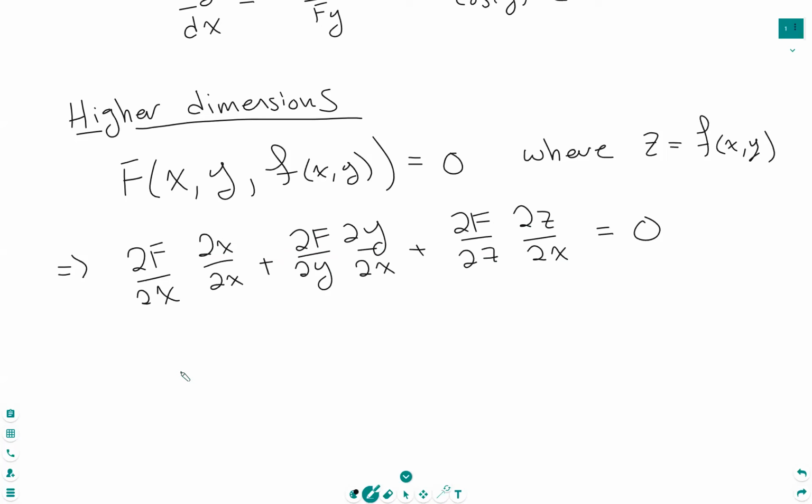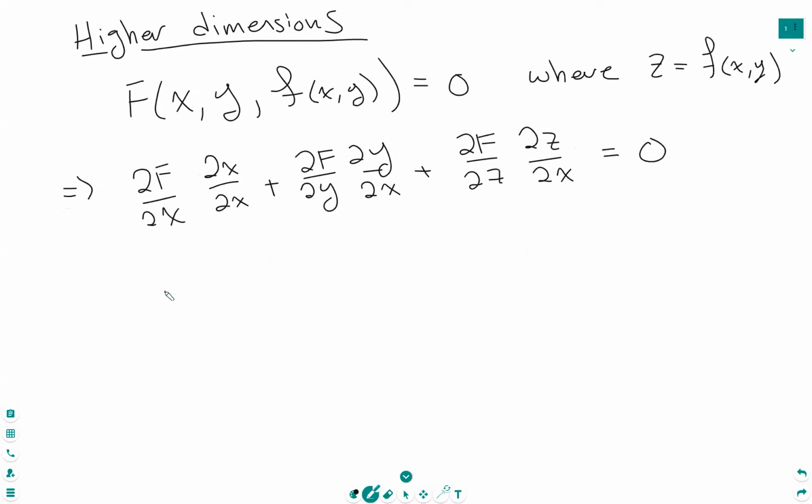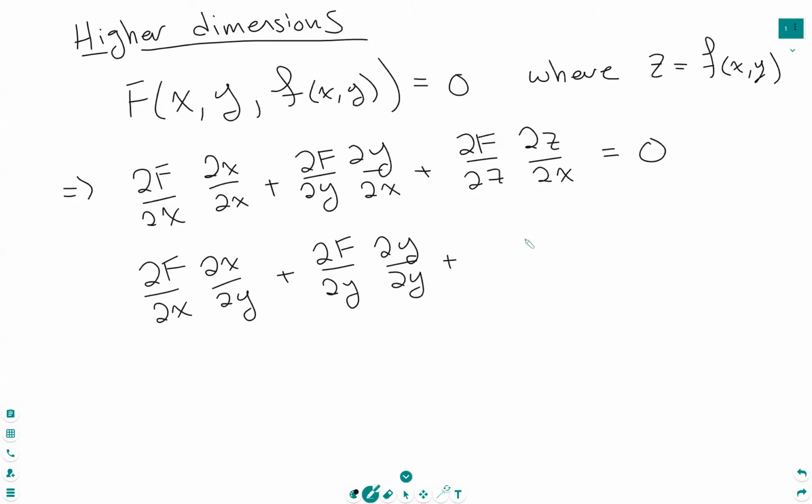And I also can do a partial y through this. So a partial F, partial x, partial x, partial y, plus a partial F, partial y, partial y, partial y, plus a partial F, partial z, partial z, partial y. This is also equal to 0.